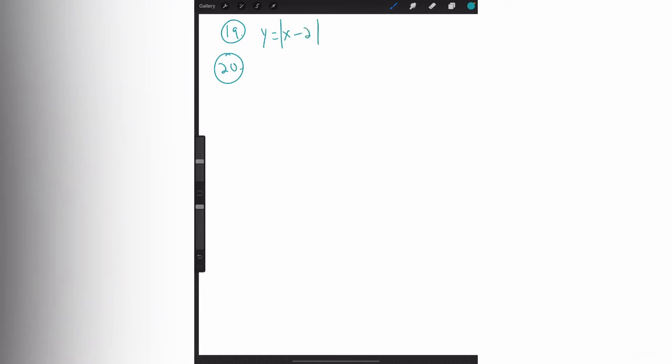I know all I'm going to do is take my parent function, which is y equals the absolute value of x, and move it to the right 2. So I could save time here. Instead of making that table of values, I encourage you to do it. I'm just showing you, right? So if I want to move it right 2, this was my original parent function, it would be moved over to the right 2 and would start there.